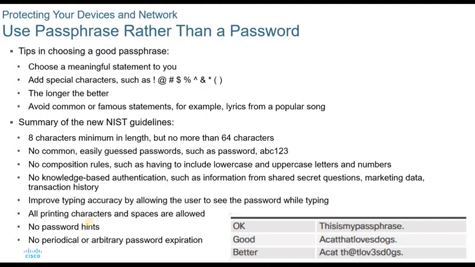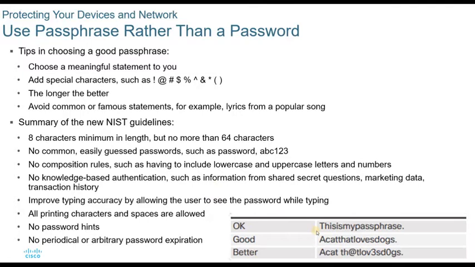The password hint, if you see that, the PC is locked and it will prompt you for a password. If you've forgotten, you can put password hints. But I think this is already gone, or if it's still there, as much as possible, you don't add password hints. No periodical or arbitrary password expiry. So these are some of the guidelines now, guys.